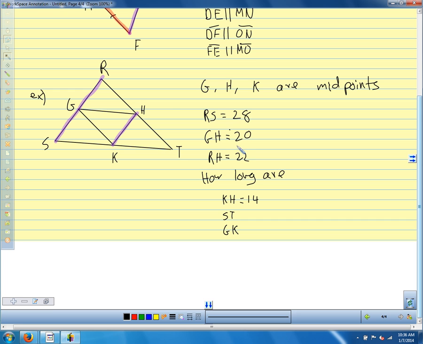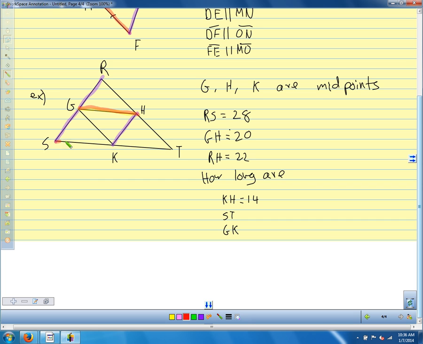So let's look at GH now. We'll highlight that one. Here's GH. Can you see that? Not really. Red. There we go. So which segment is GH going to be related to? Which one is it?